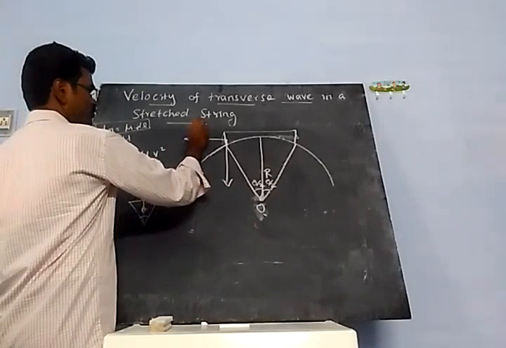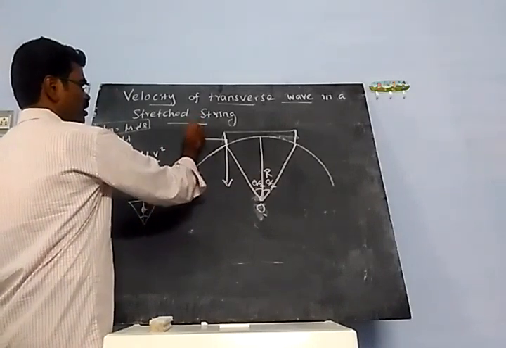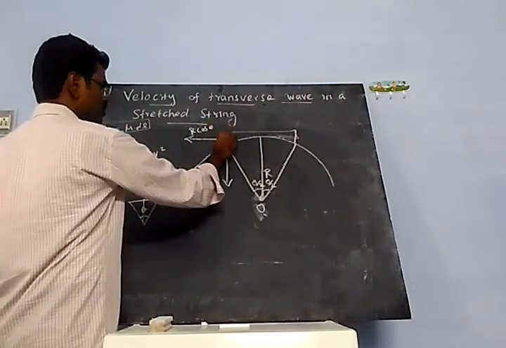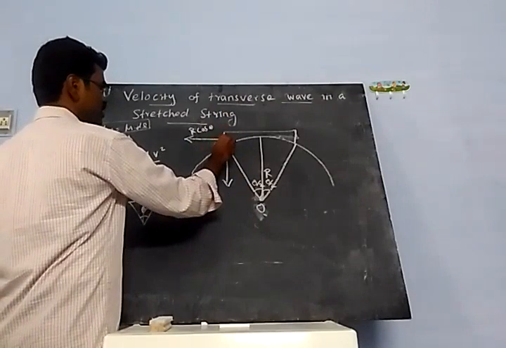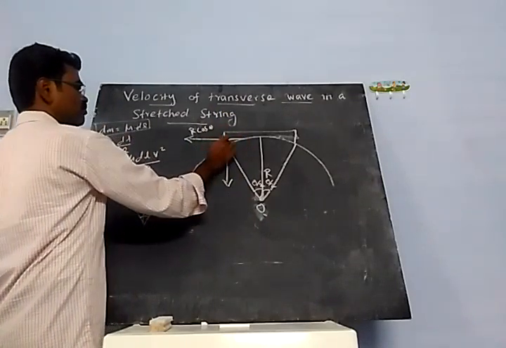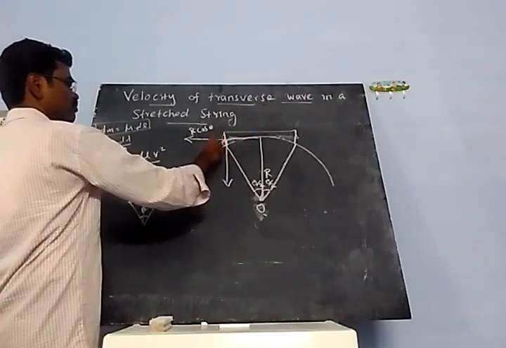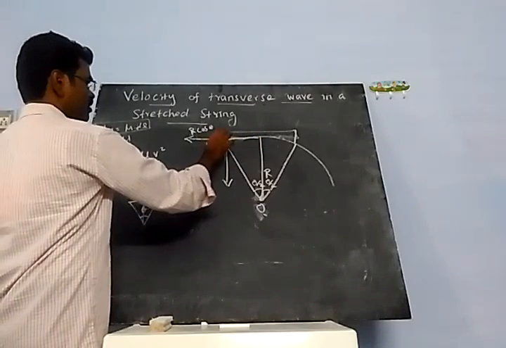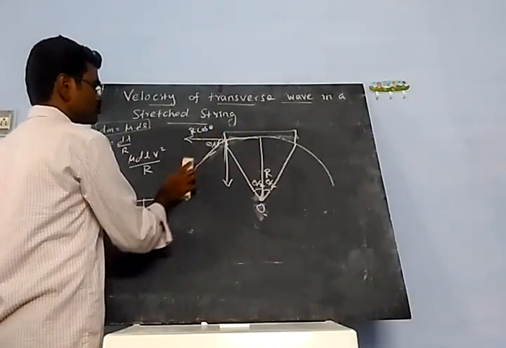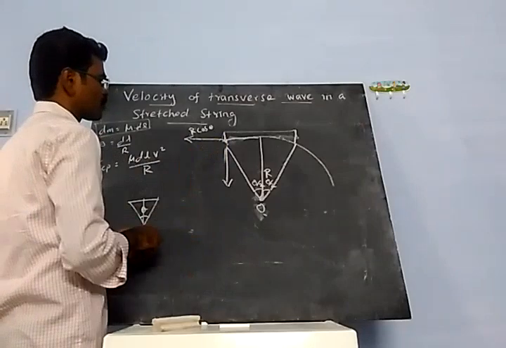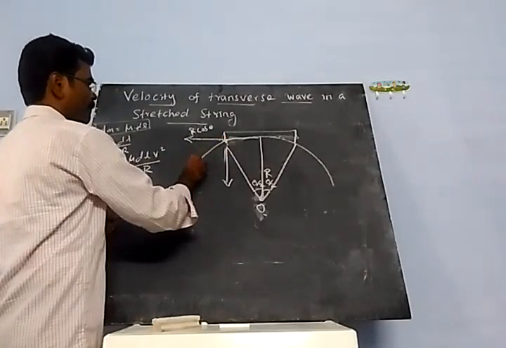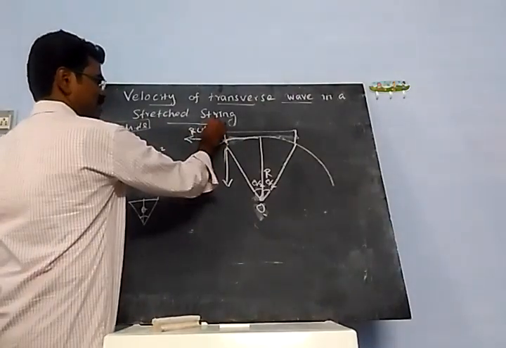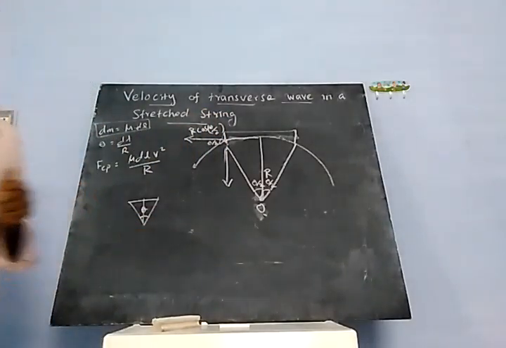That horizontal component is called cos theta. So here F cos theta, here theta is theta by 2. So this part is theta by 2.